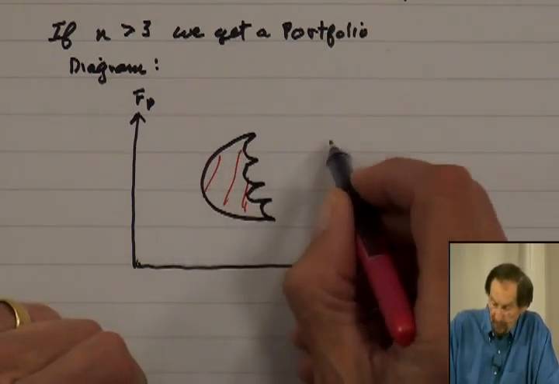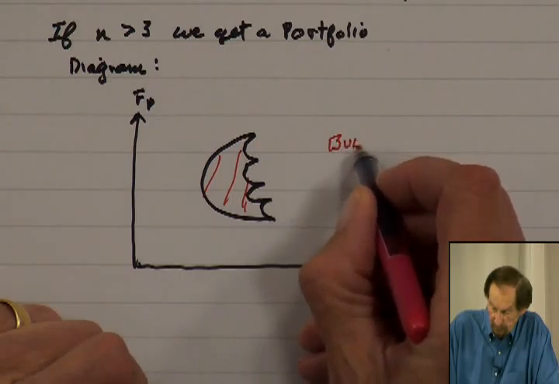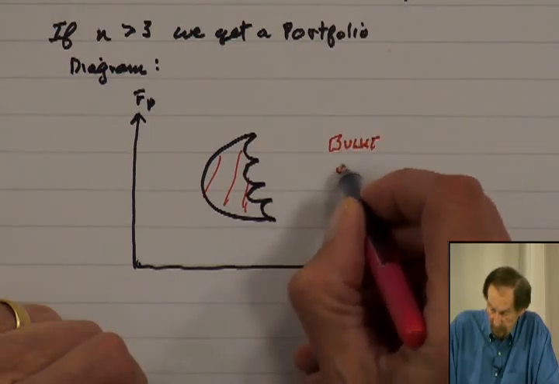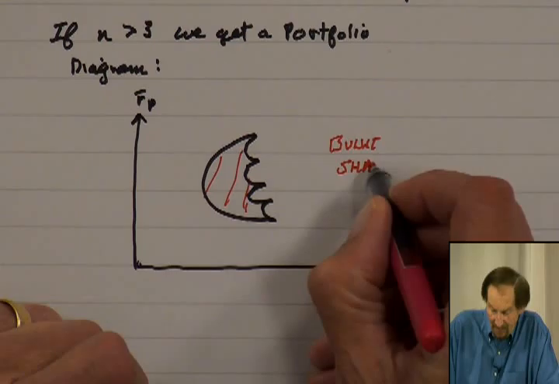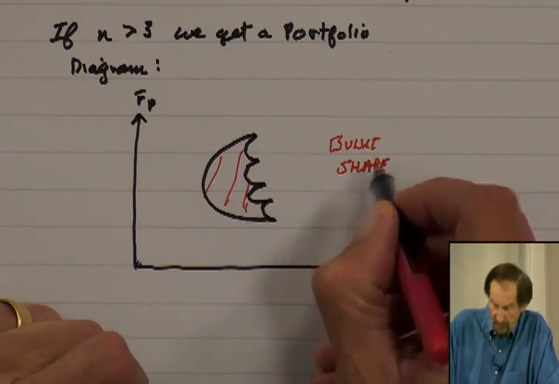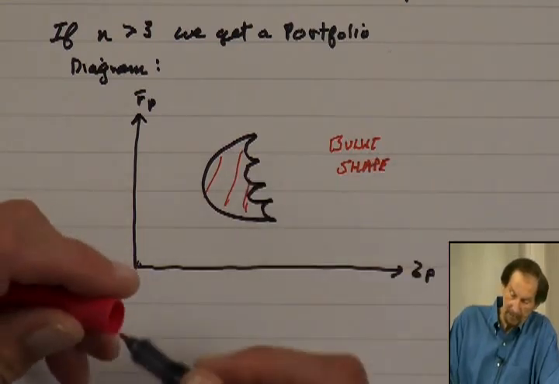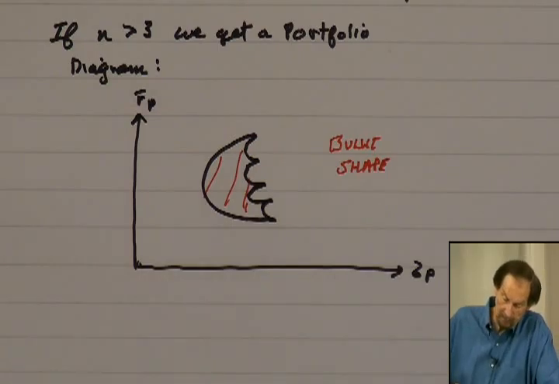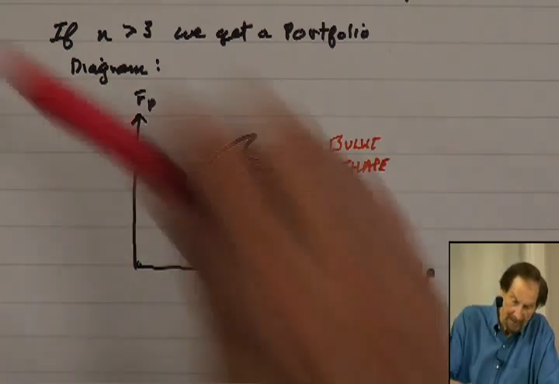So we get this bullet shape. But it's kind of a strange bullet because on the back side of it, it looks like it has little half circles taken out of it.